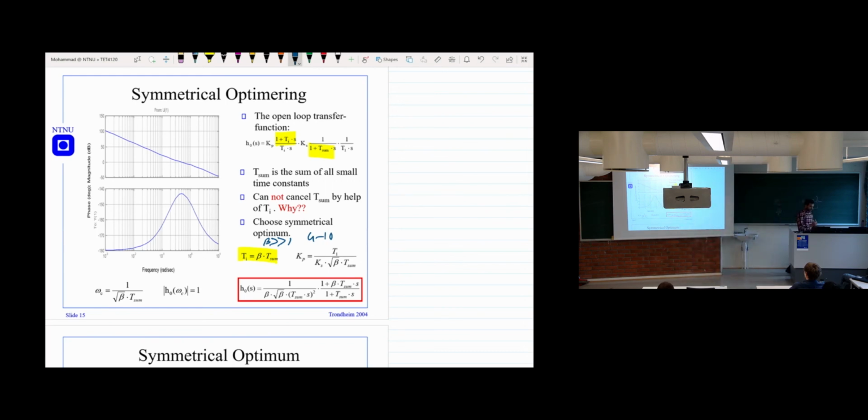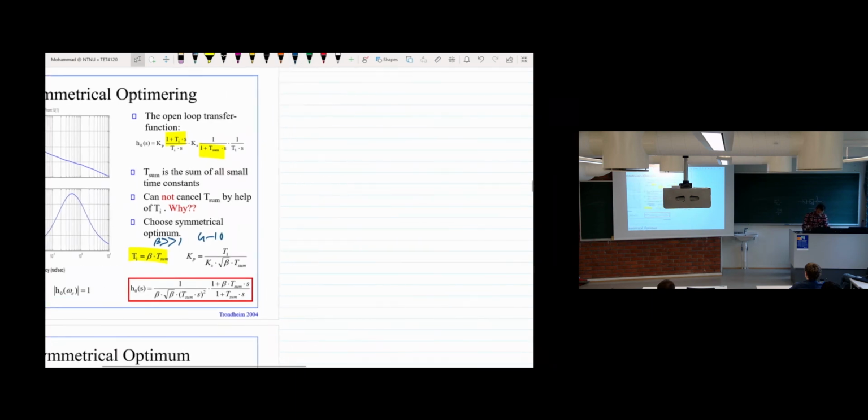If you look at the frequency characteristics, you will see that the two integrators are dominant at low frequency, because the other parts are very small, so you have only the integrators.